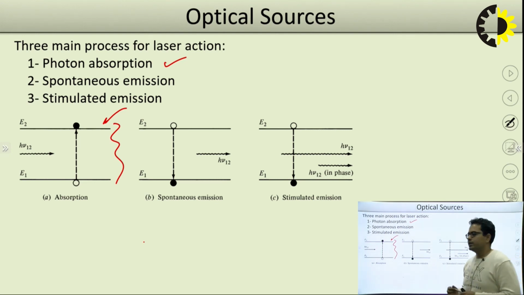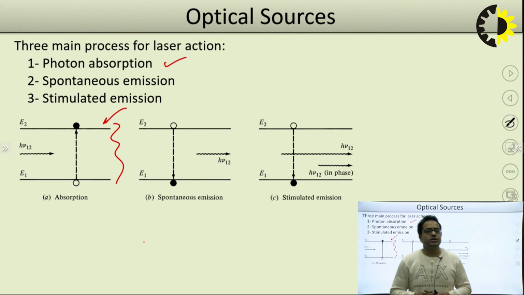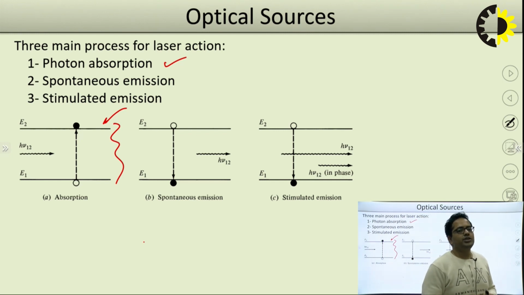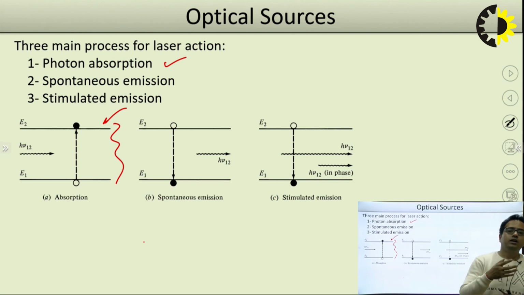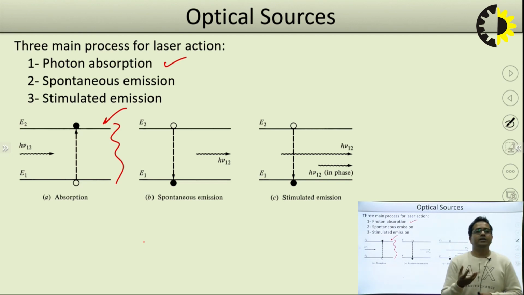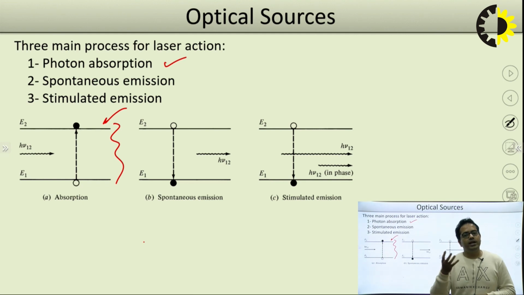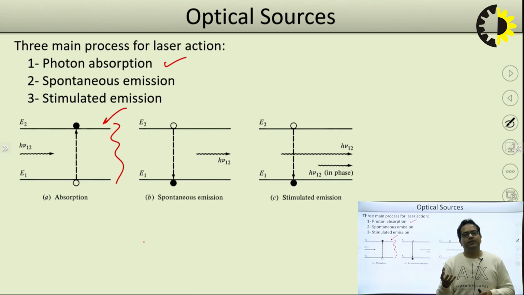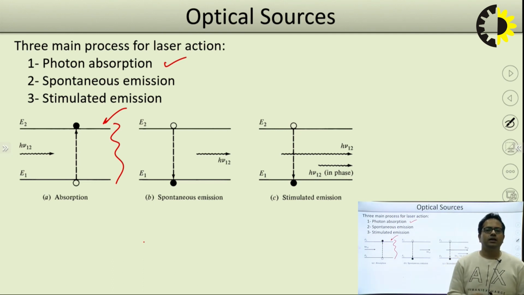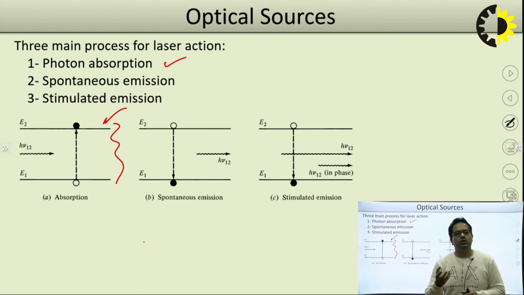The other phenomenon is spontaneous emission. Whenever the electron is already residing in the higher energy level, that is E2, after its carrier lifetime it will come back to its stable state, which is the ground level, that is E1.